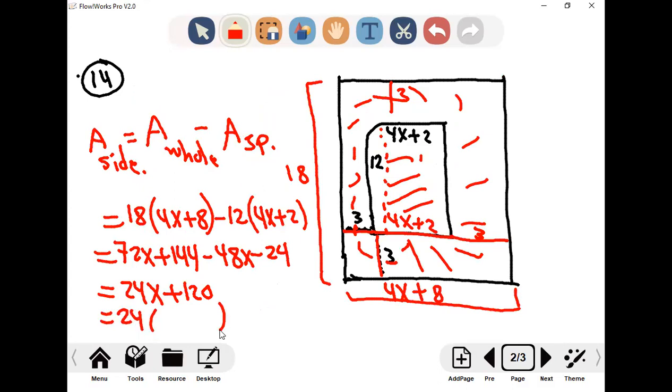Now divide. This is x and this is what? Whether I say this is the length and this is the width, it doesn't matter. I like to say it this way. Mister, I understand it all.